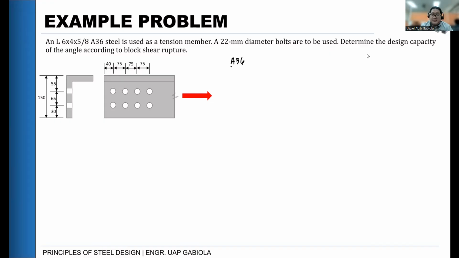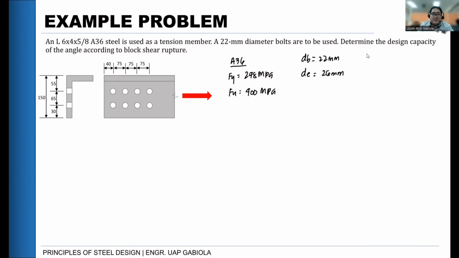So for A36, again, yung ating mismong given is Fy is 248 megapascal. And then yung Fu natin is equals to 400 megapascal. Okay? And then we also have a diameter of bolt equals to 22 mm. So yung effective diameter of our bolt is equals to db plus 4 mm. So that is 26 mm.